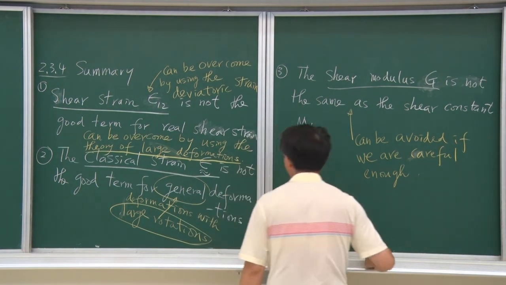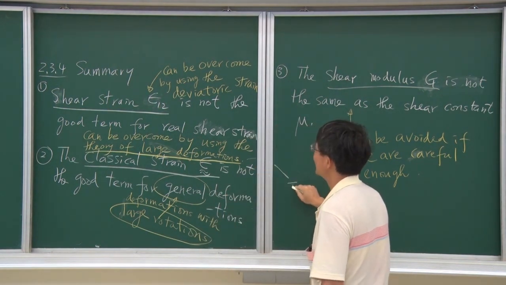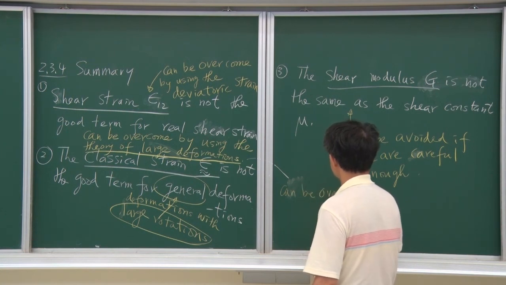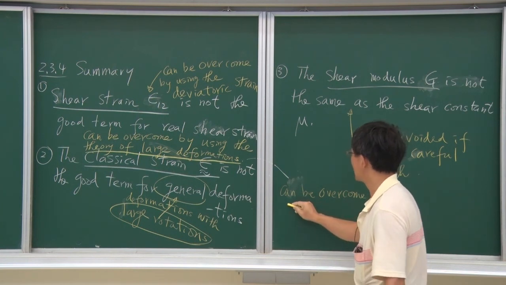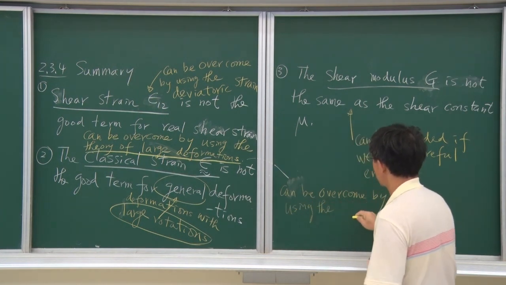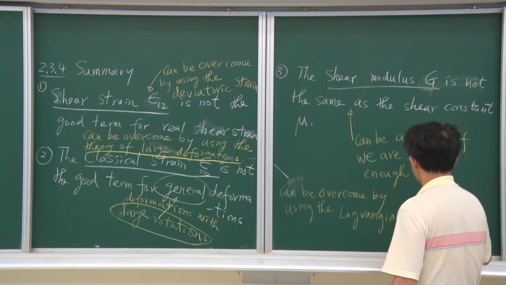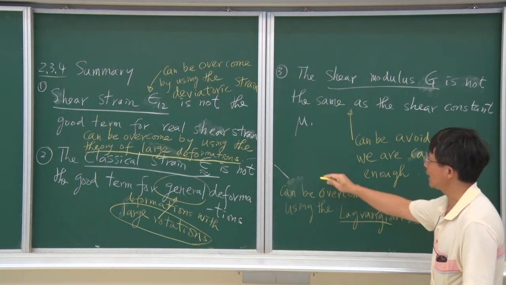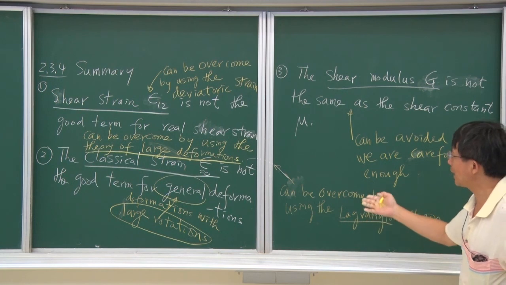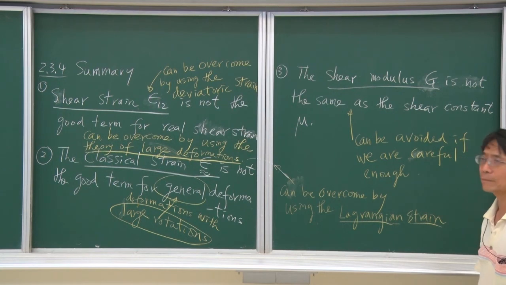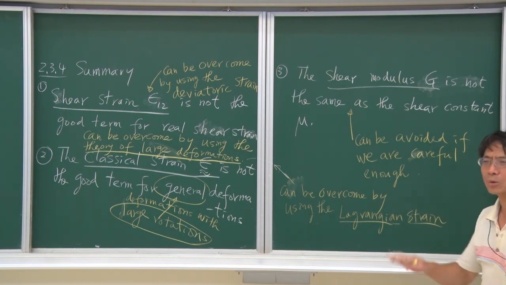Maybe somebody may tell you that this difficulty can be overcome if you use the new concept of Lagrangian strain instead of classical strain. But I don't want to say this here, because the concept related to the Lagrangian strain is also quite tricky.